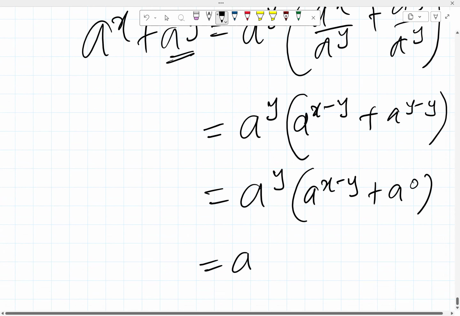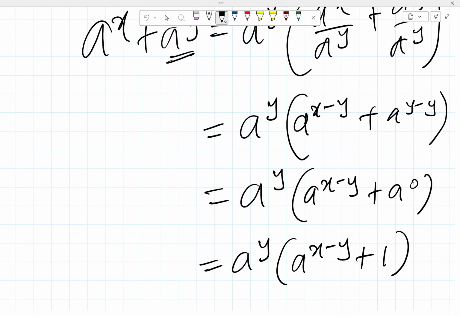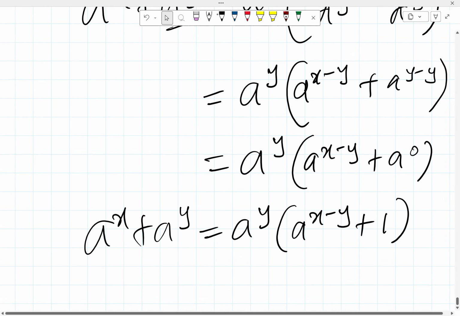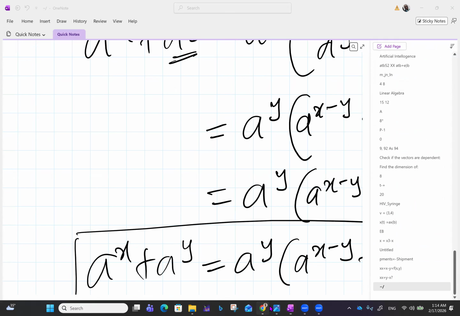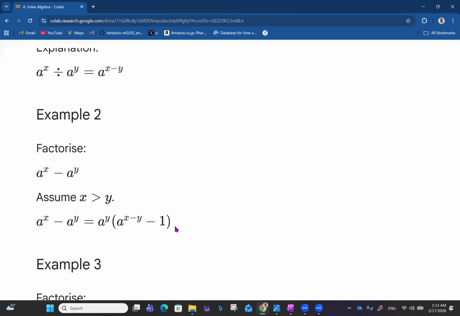So that means a raised power y into a raised power x minus y plus 1. And that is what a raised power x plus a raised power y would mean when x is greater than y. The other way around, we also have it, and we follow the same rule.